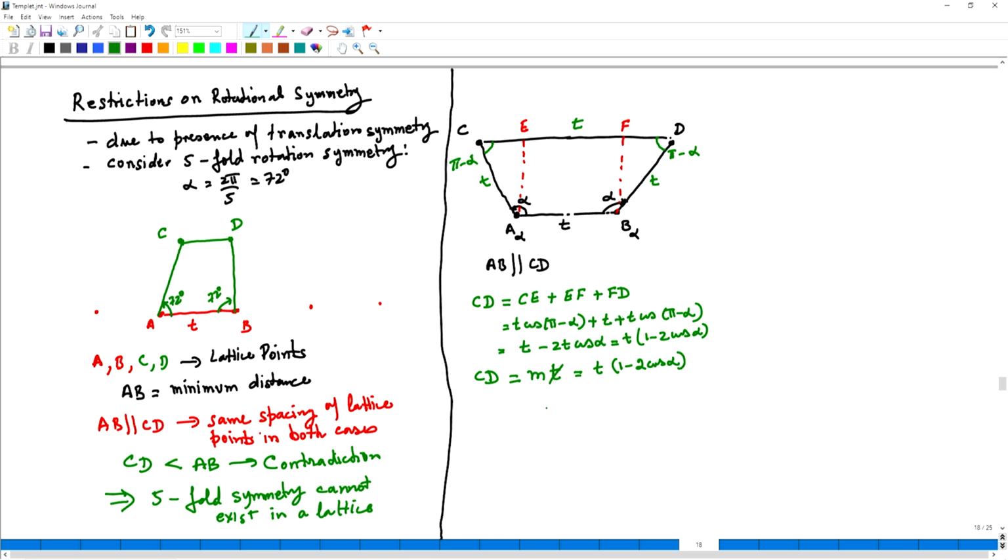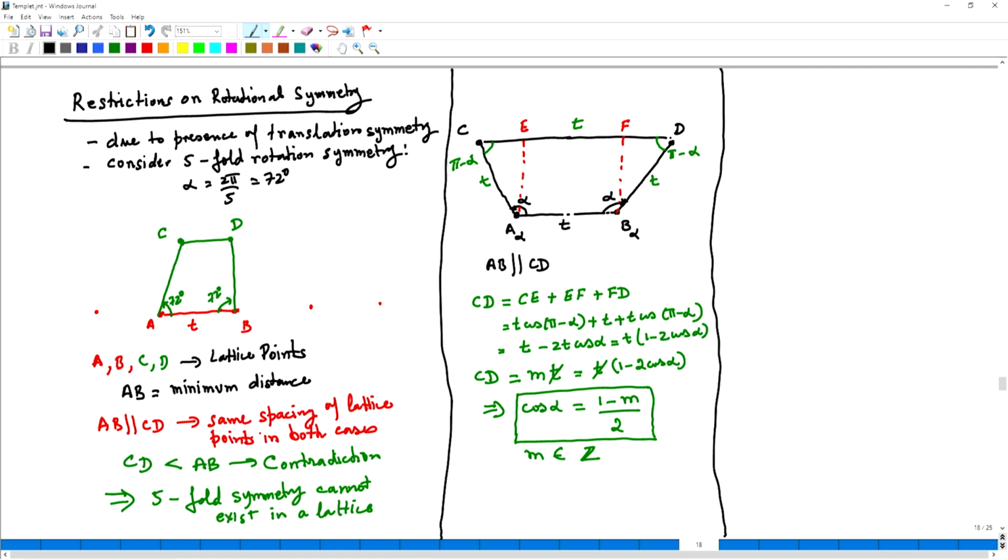So, this will get cancelled, and rewriting the equation, I will get cos alpha equal to (1 minus m) divided by 2, where m is an integer. Now, let us see, looking at this particular equation, let us try to figure out what the implication of this equation is.